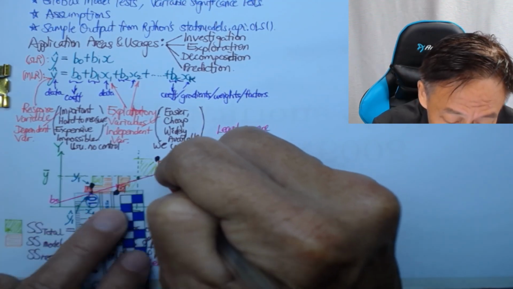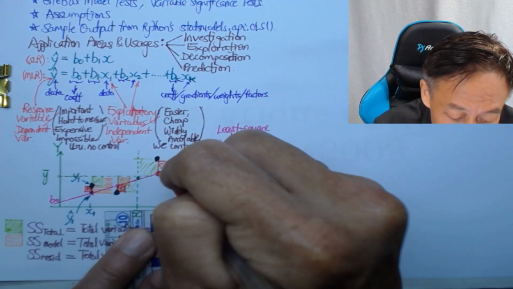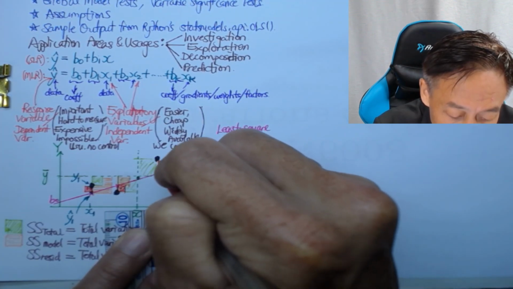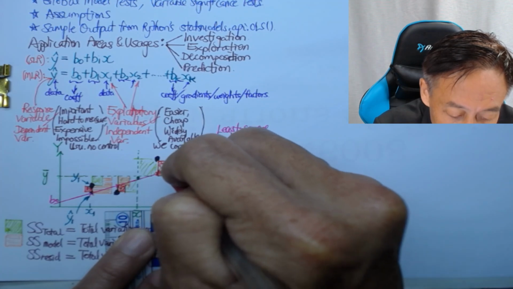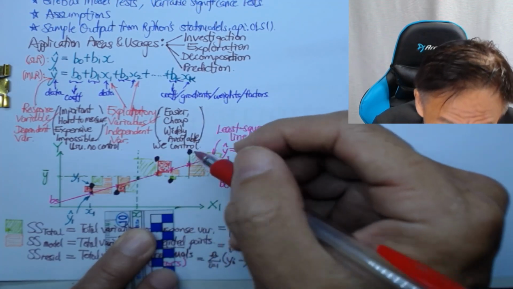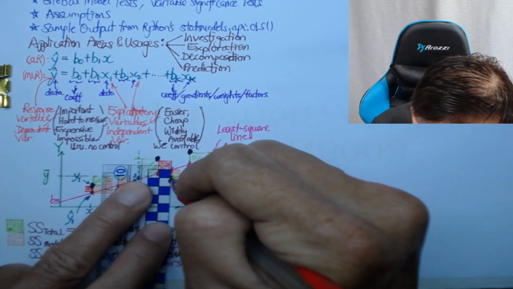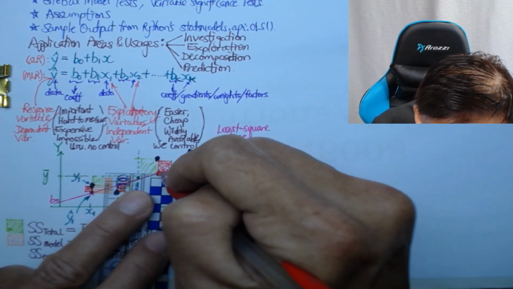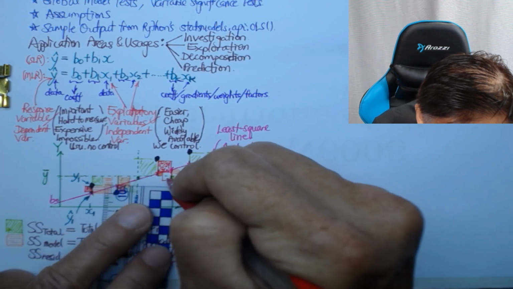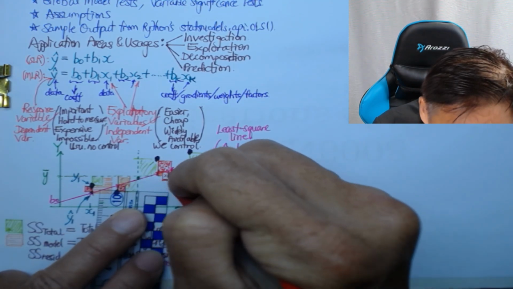Okay, over here. You get the idea, right? So we keep on doing this, sometimes overlapping other points' squares. Over here, right? A little bit harder to see here.